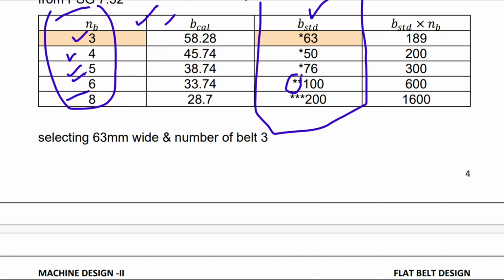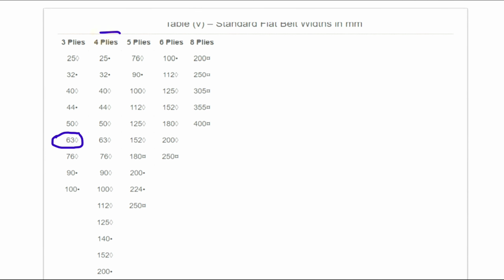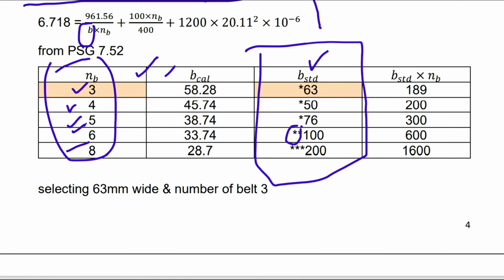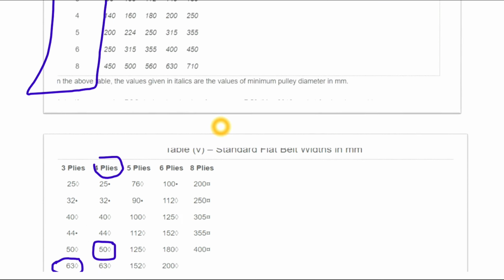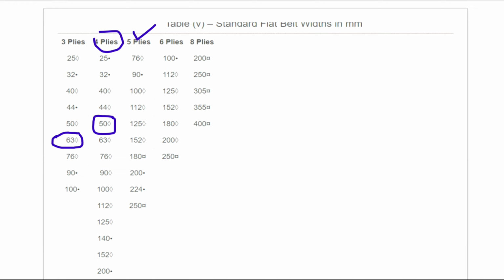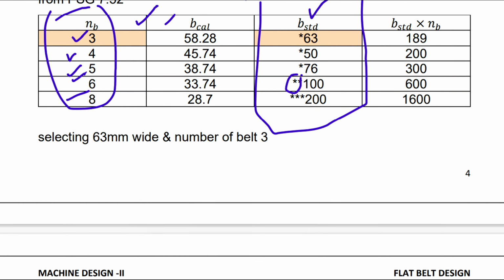Same procedure will be for the others. Now for 4 plies you got 45.74, that is 44 in the column, so the next value is 50, so select 50. Next for 5 plies you got 38.74, the next value is 76, so select 76.